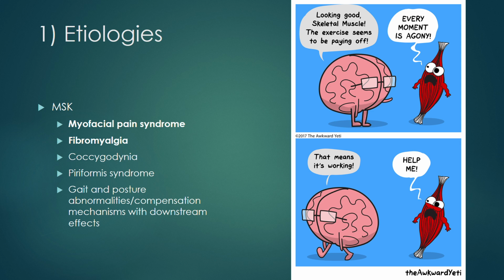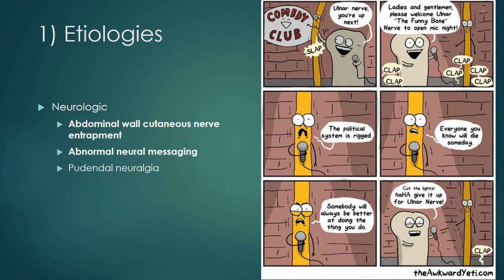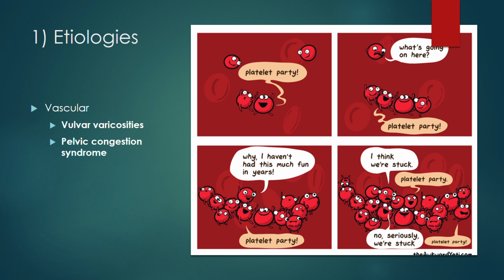Myofascial pain syndrome is a very common cause of chronic pelvic pain. Fibromyalgia is another thing that we want to consider. For the neurologic causes, we can have abdominal wall cutaneous nerve entrapment or injury to one of those cutaneous nerves, and then a broad category of abnormal neural messaging that we'll talk about in a little bit.